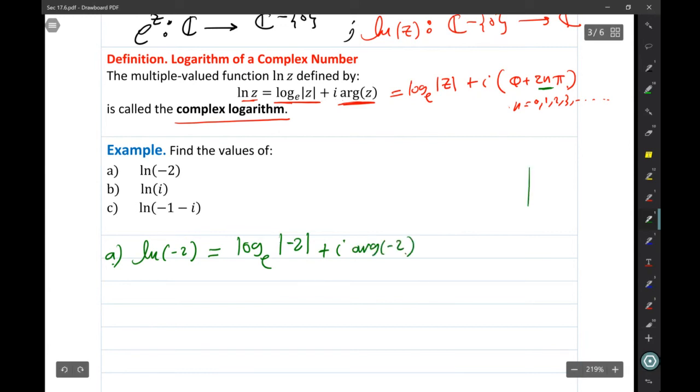Now where is the minus 2 located as a complex number? This is 1 here, minus 2. This is pi. So the argument is pi, and ln of minus 2 is equal logarithm of 2 with base e plus I times pi plus 2n pi, where n is equal 0, plus or minus 1, plus or minus 2, and so on.